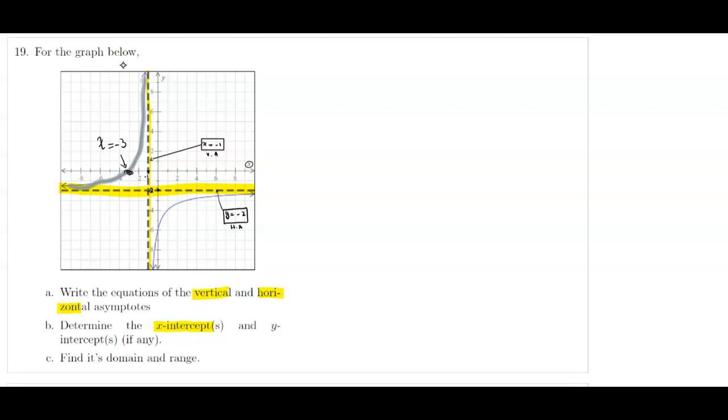So this is not an equation, right? This is an x-intercept. The x-intercept is equal to -3, or you can write it down as (-3, 0). Either notation would be okay.